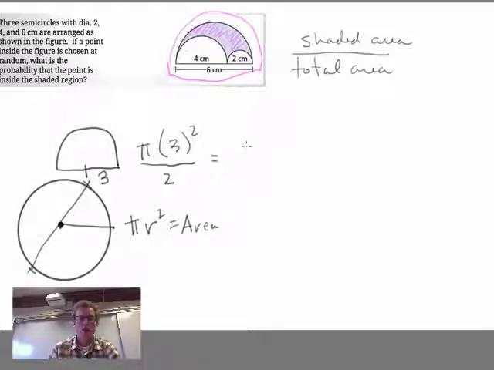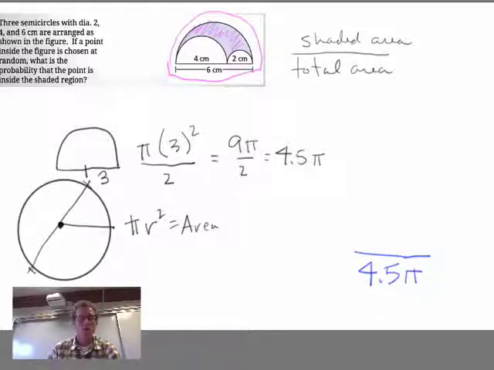Well, that gives me 9 pi over 2, which is 4.5 pi. Okay, super. Let's have this part of our answer be over here in blue. 4.5 pi. That's the total area.